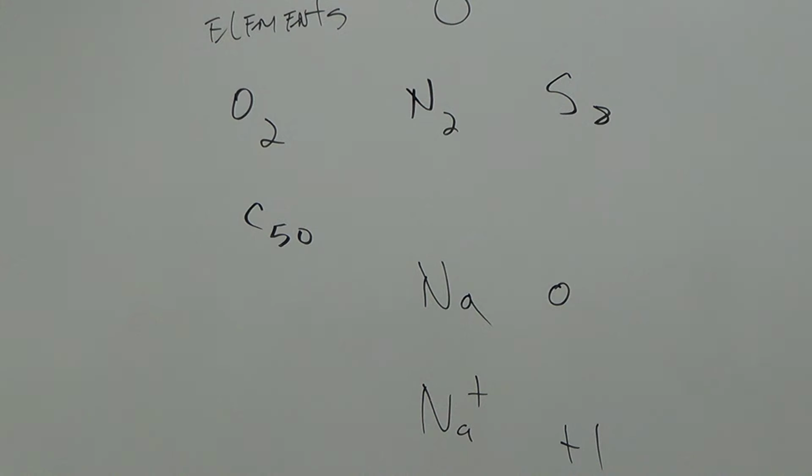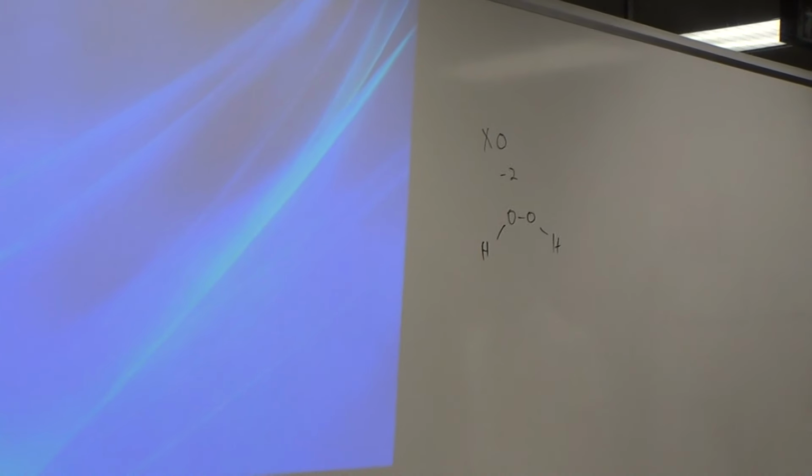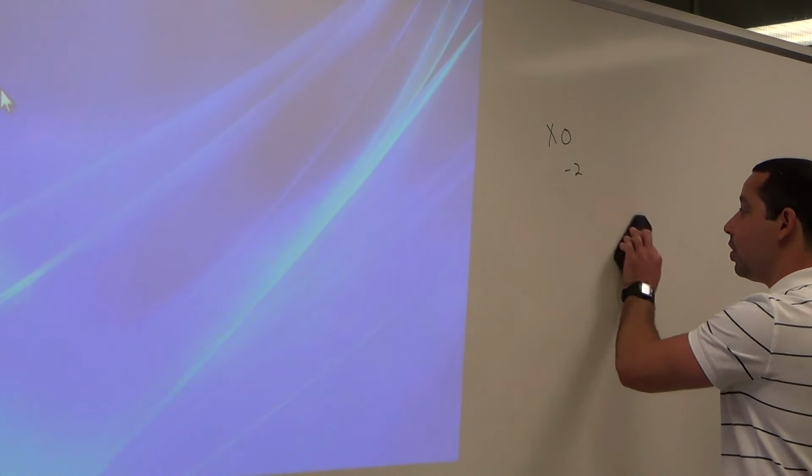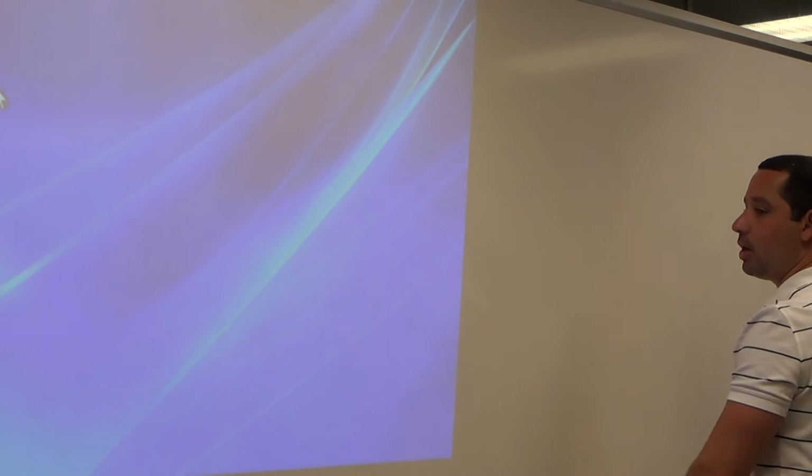Unless it is a peroxide, in which case it's -1. I'll never give you a peroxide on the test. Peroxide looks like this. Okay? So every time you see oxygen, your guess would be it is -2.